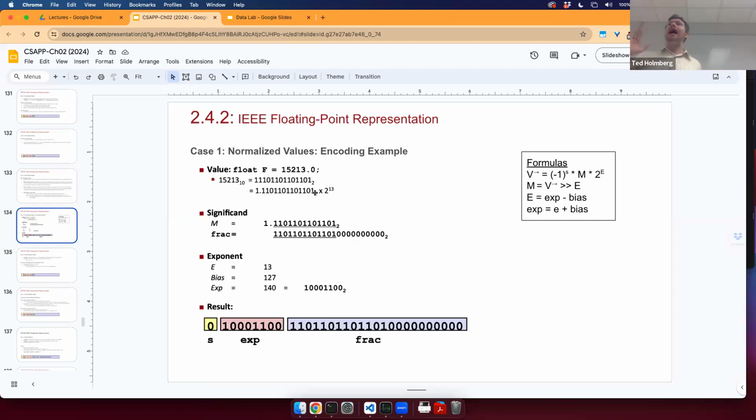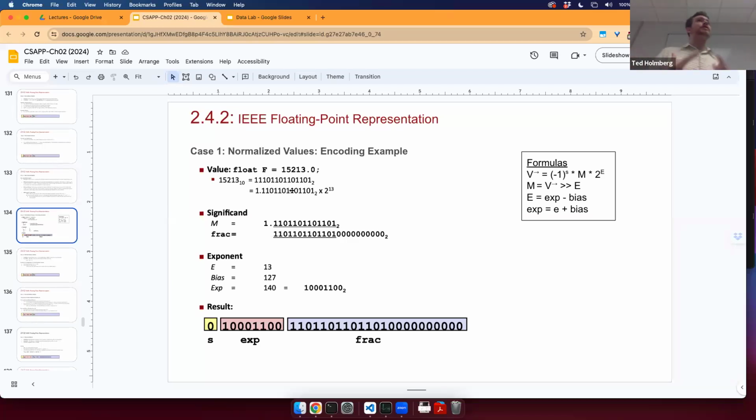Okay, once I have that understanding, I can define what my M term is. My M term is going to be this part here, the part that is now to the left of my binary point.